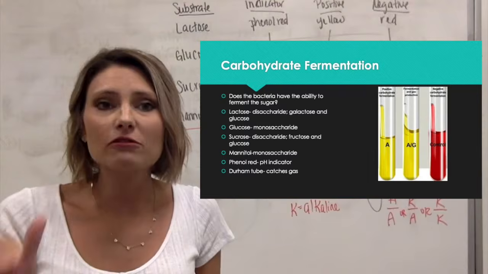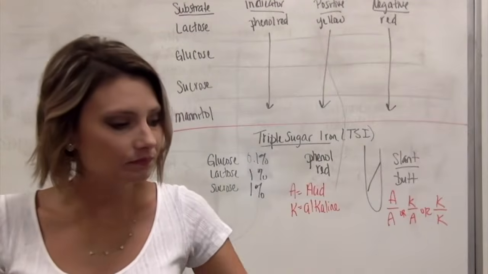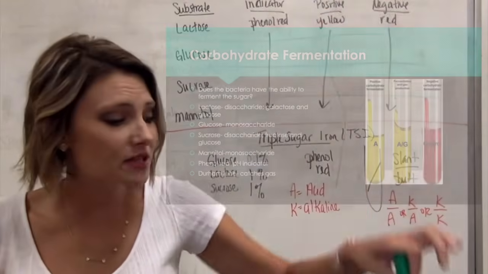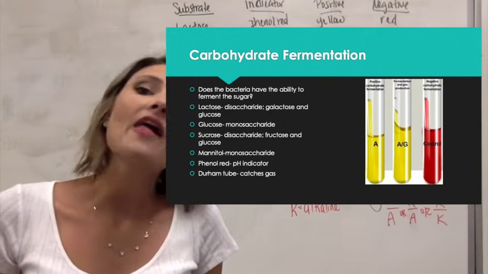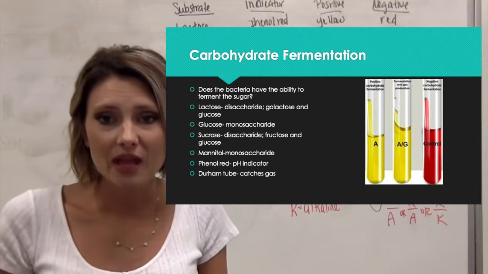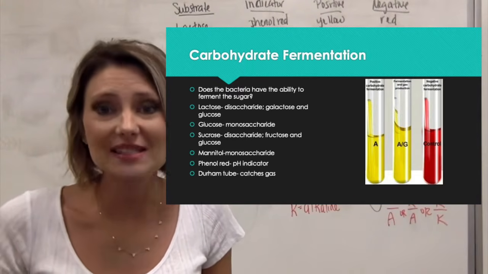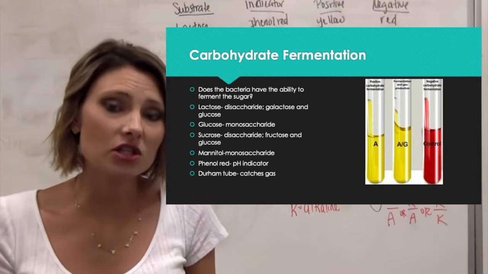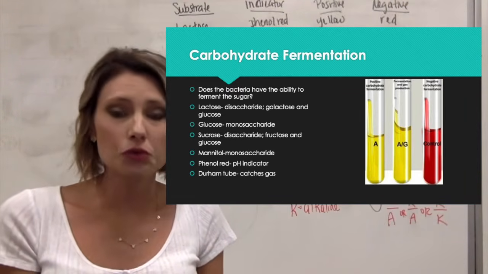If you get a red reaction, so it stays this color red, sometimes it'll turn an even darker red, that means that the bacteria did not ferment the sugar. It used it for respiration instead. So these are going to be bacteria that are going to be doing respiration. So the ones that produce the red color.